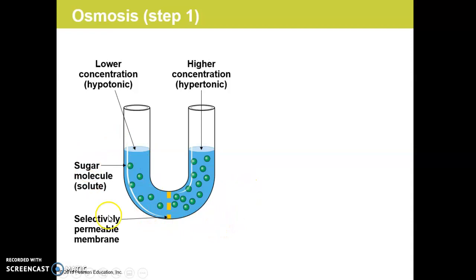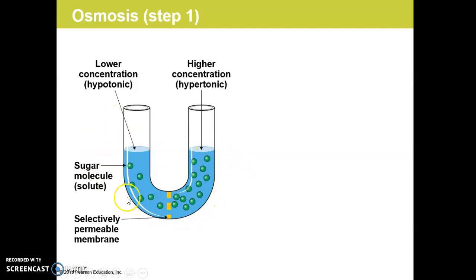On the left-hand side, you have a hypotonic solution, meaning that the concentration of solutes is lower compared to the solution on the right, which is hypertonic, meaning that the concentration of solute is higher.